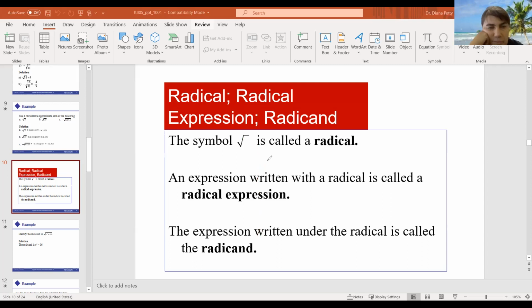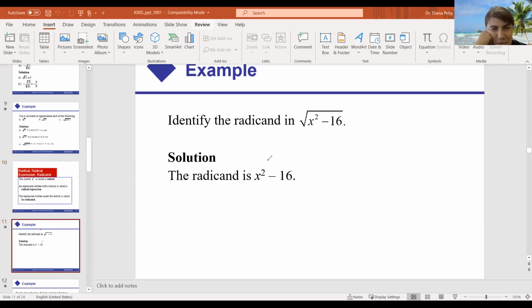You need to know this, because when they give you a problem, they may ask, what's the radicand? So identify the radicand: it's just the thing under the square root.